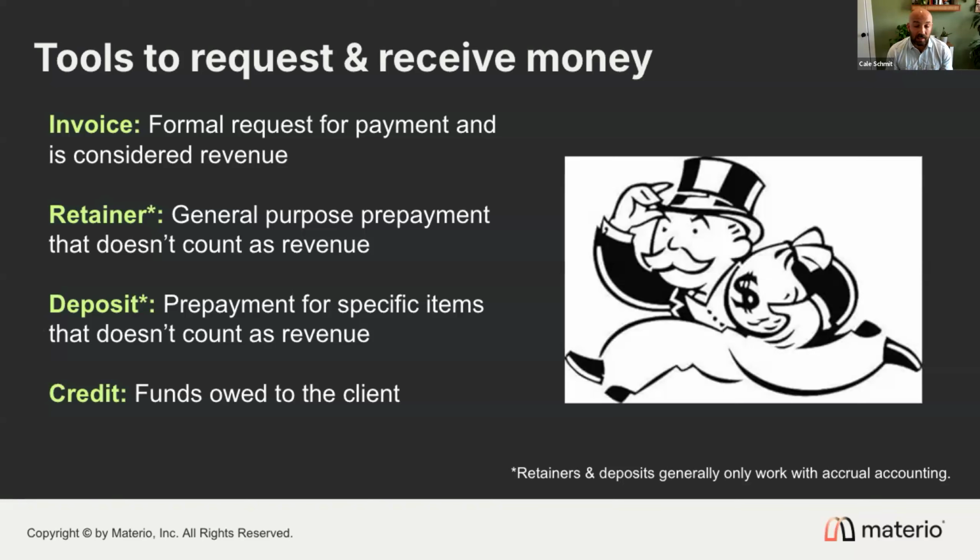Where a deposit is another prepayment, but that deposit is earmarked for specific things. So if you create a deposit, the deposit's going to ask you, what is this deposit for? And you have to say that this deposit is for the design services line item that I have. It's for the custom couch that I have, and it's for the chair and the ottoman.